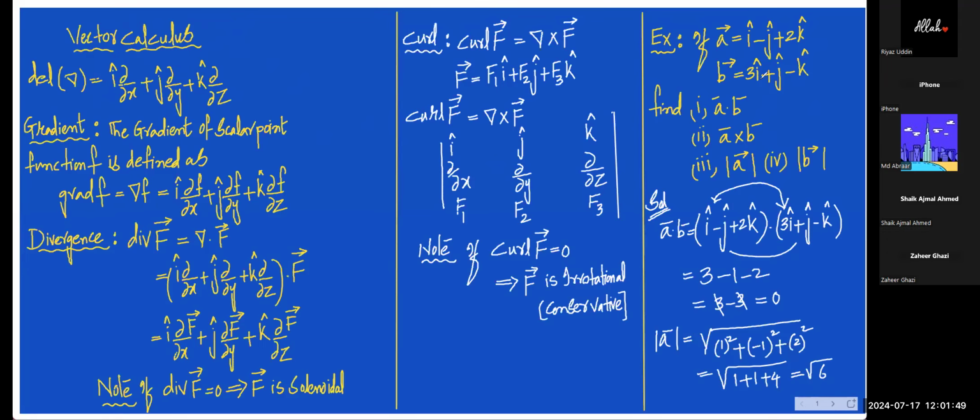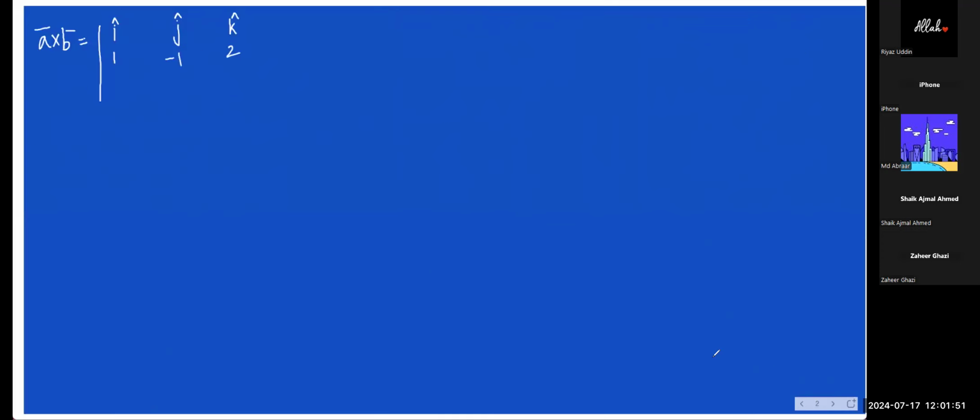Now look at the B coefficients: 3, 1, minus 1. The rule is plus minus plus, but don't mention in the question paper that you are doing like that. Directly you can do it.